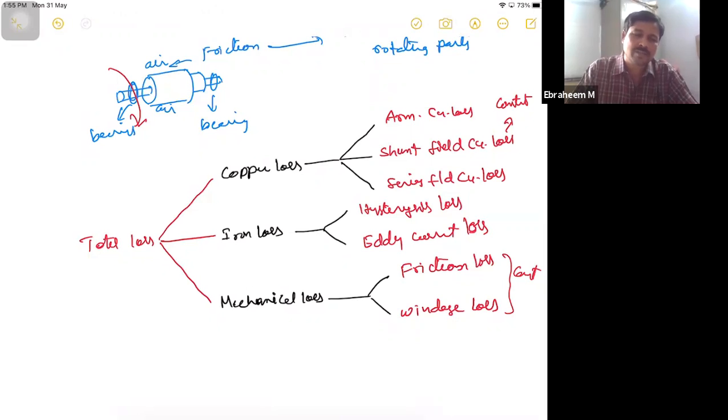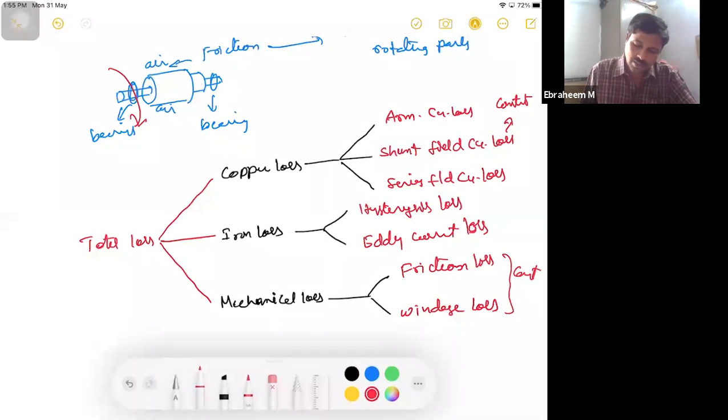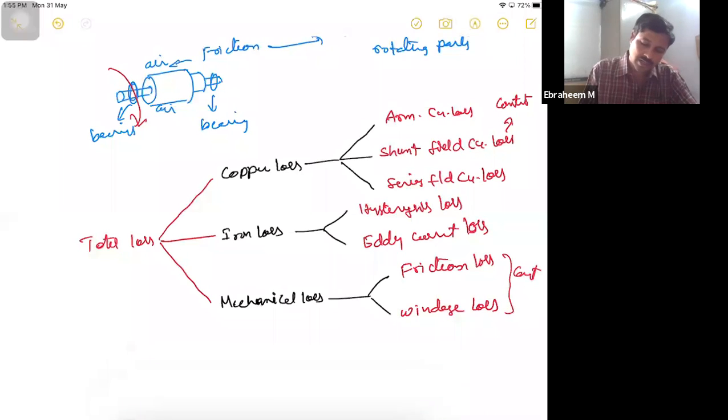That is why we call armature copper loss a variable loss. Even series field copper loss and armature copper loss are variable. Only shunt field copper loss is constant. Similarly, friction loss and windage loss are generally constant for constant speed machines. We will see constant speed machines later.